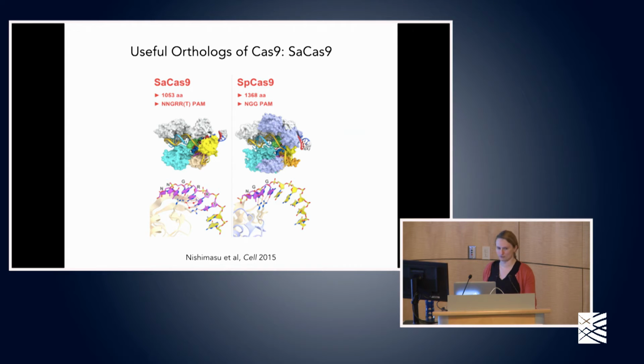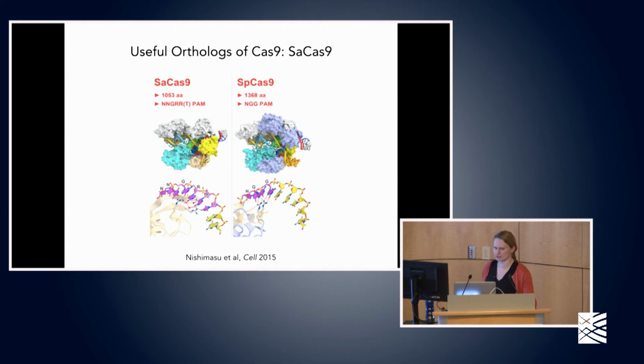Although 300 amino acids may or may not seem like a huge difference, the reason it makes such a big difference is you're able to package SaCas9 with its targeting guide and necessary promoters within the region needed to fit into an AAV vector. So if you're working with AAV and that's your delivery method, SaCas9 is a very useful tool.